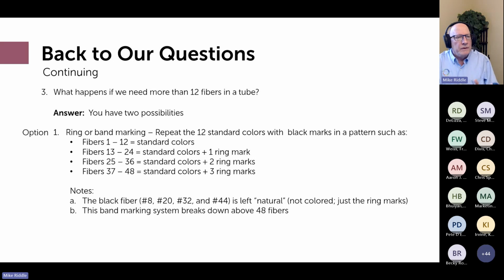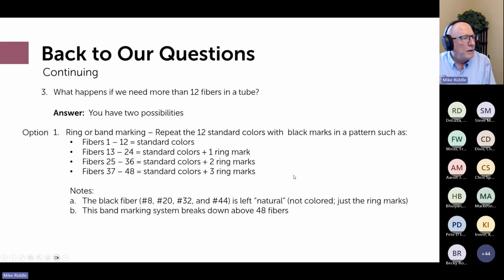So in theory, you could do that, but what's more commonly done, because it's just more practical, is to leave that fiber uncolored and just add the ring marks to it. And it works well in the field. I've done it literally for 20 years. Nobody's complained.